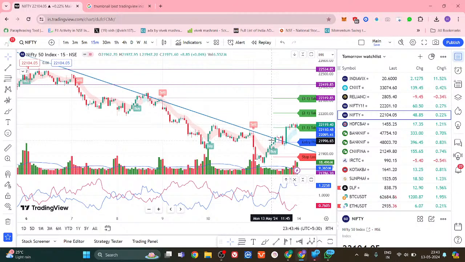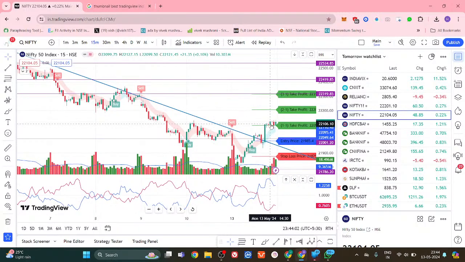So you just mark the high. Wait for the vortex to cross for a confirmation, and also for the price to cross the high of this candle. It has crossed here. This is our buy, and stop loss is automatically shared here. You have target 1, 2, 3, and I would suggest booking half here.